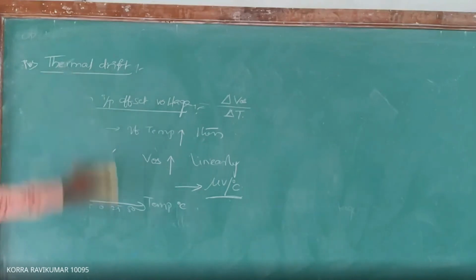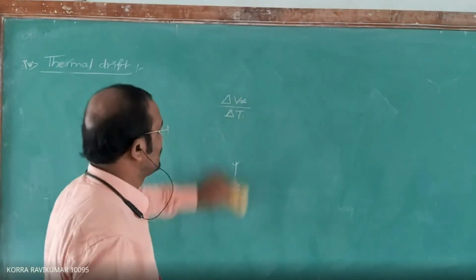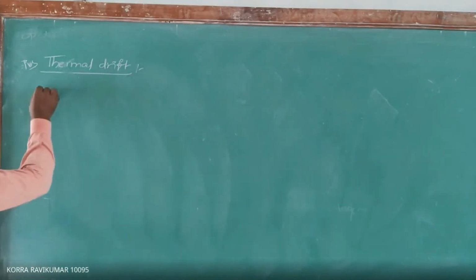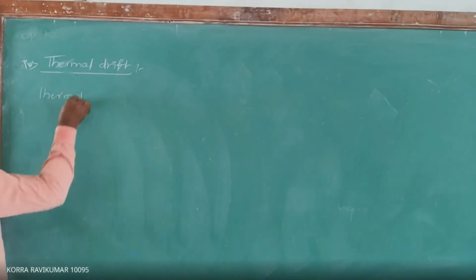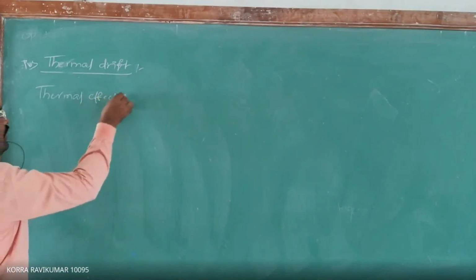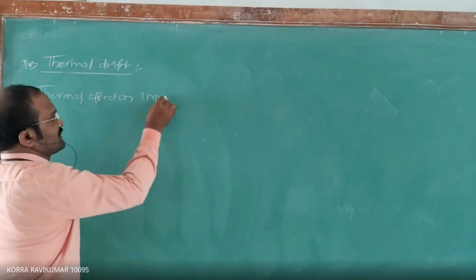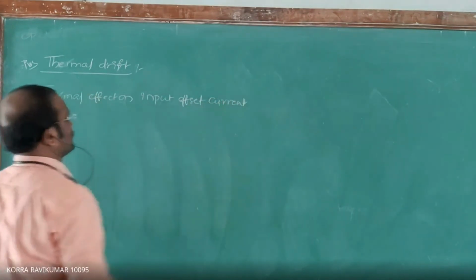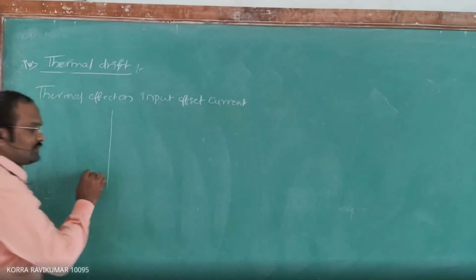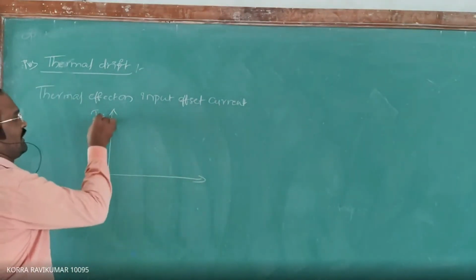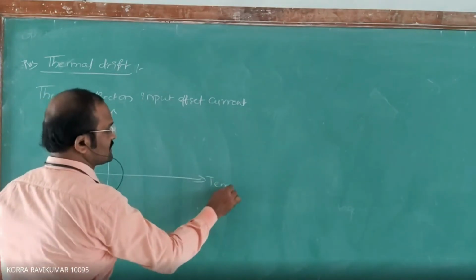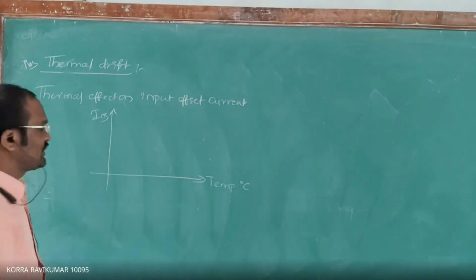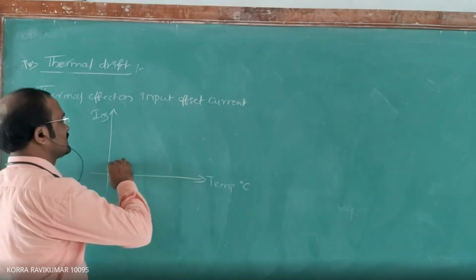Right. Next. Effect of temperature on input offset current. Thermal effect on input offset current. If temperature increases in degrees centigrade, then the input offset current also increases gradually, or linearly.